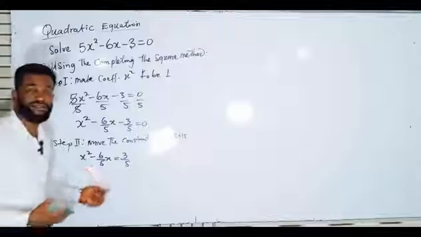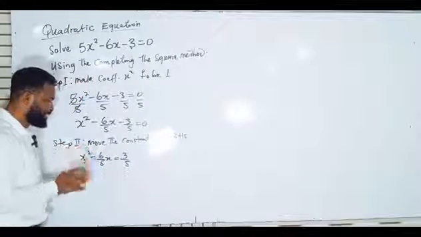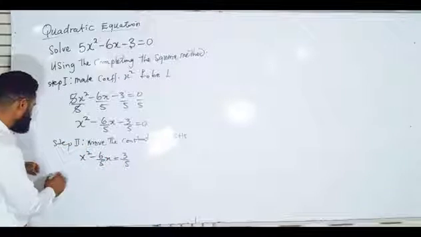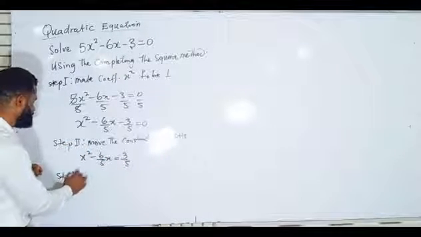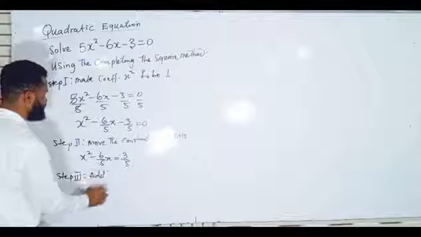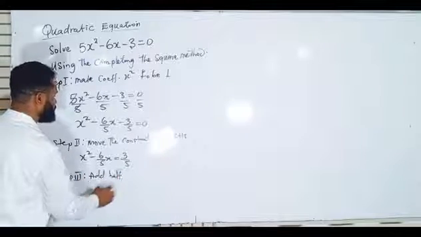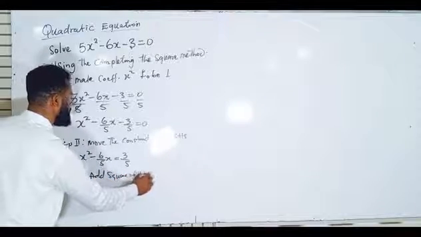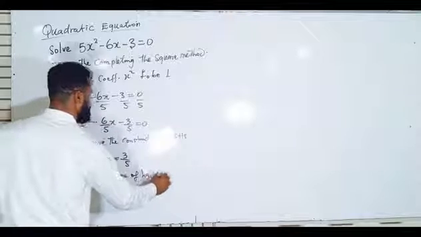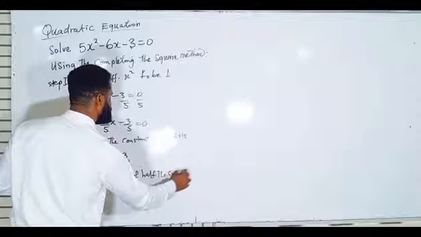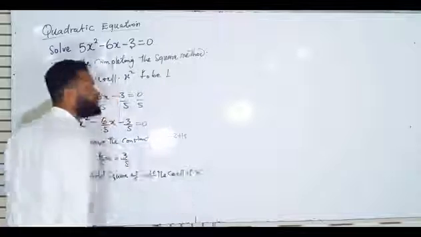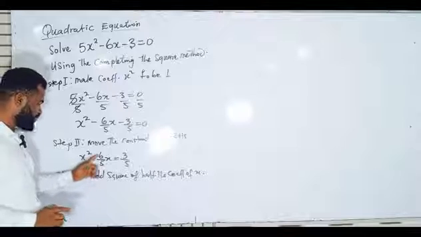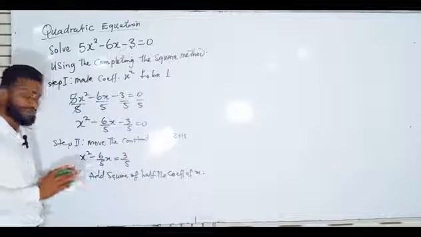So I'm going to step 3. In step 3, I am going to add something else to both sides in order to complete the square. I'm going to add the square of half the coefficient of x. The coefficient of x is minus 6 over 5, so pay attention to the minus.